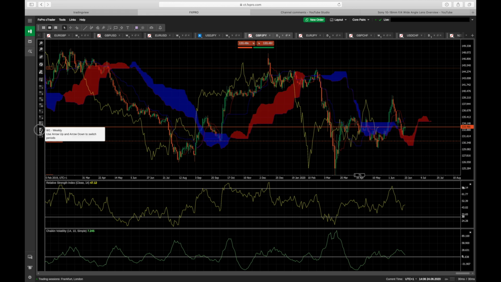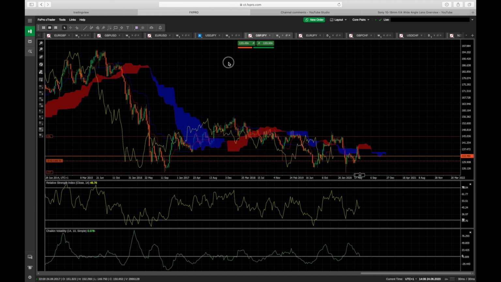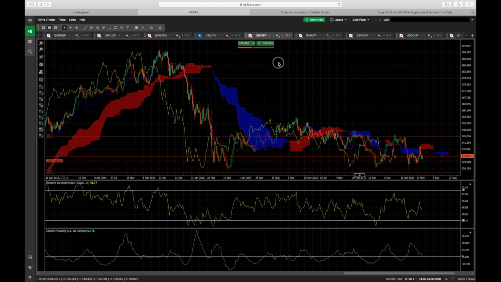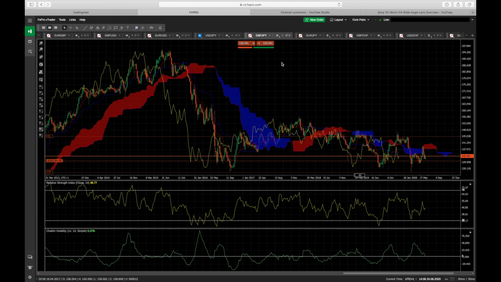So let's jump straight to the weekly and have a closer look, and we can see that the trend is towards the downside. We've tested this level here, the 145 level, a resistance level. We've pulled back down to the 126 level.